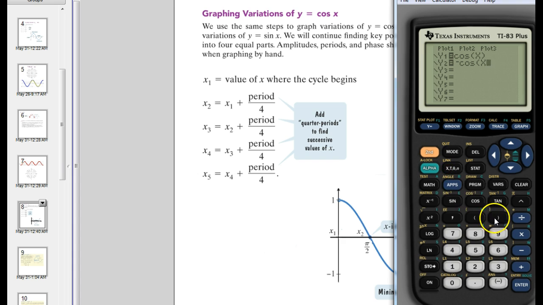I click zoom trig, which is option 7. Here's the cosine function. So again, it's going to touch up here at the top. And the negative cosine function, remember that just flips it over the axis.